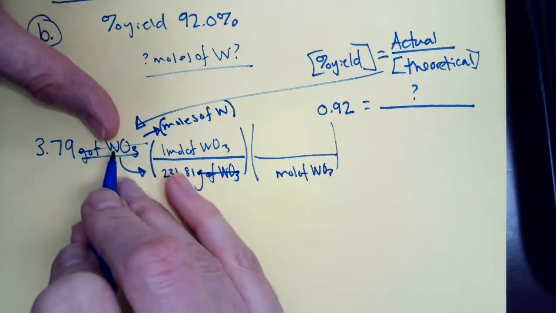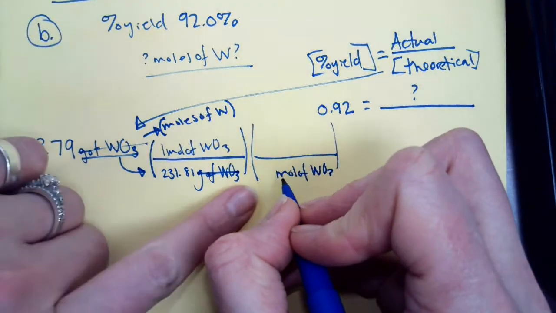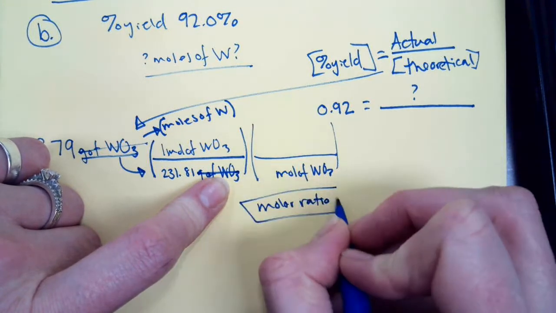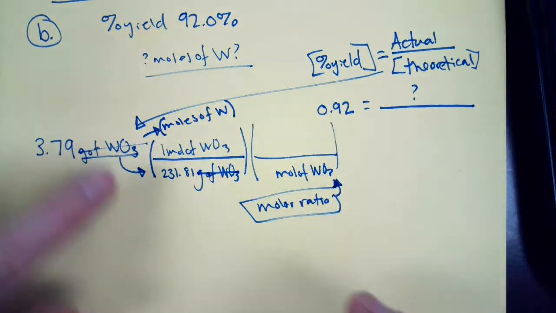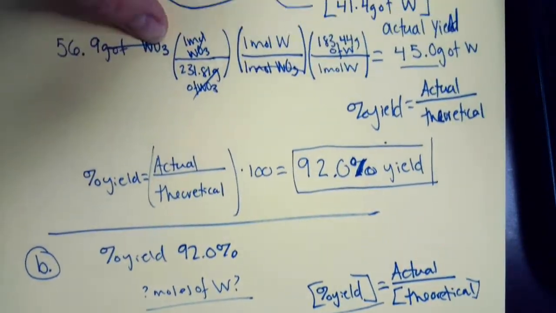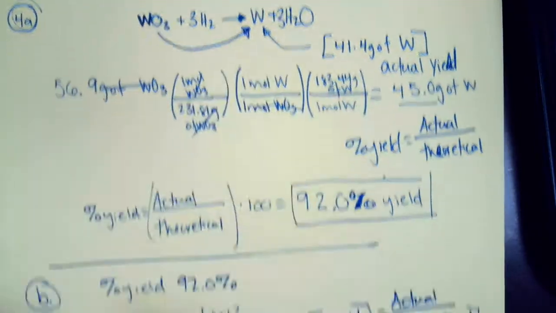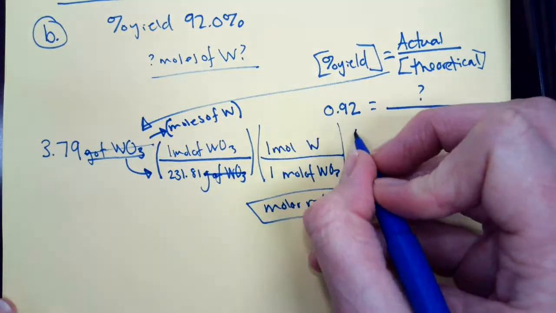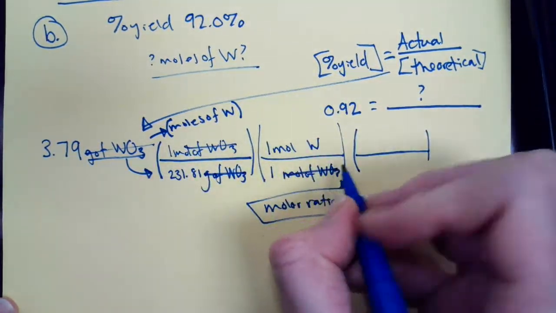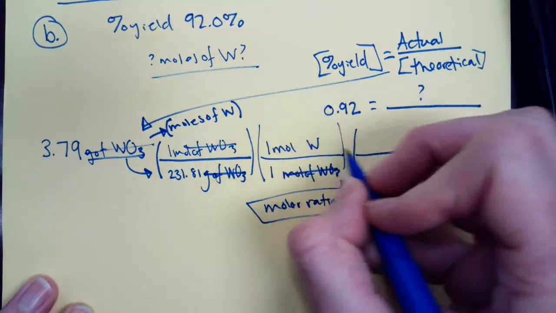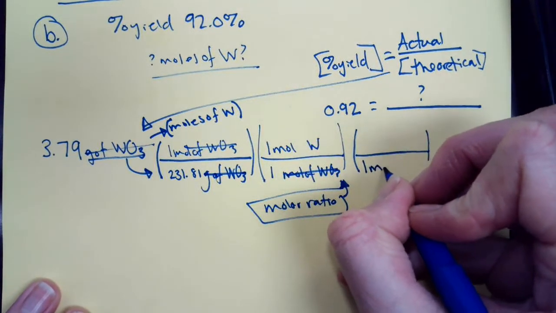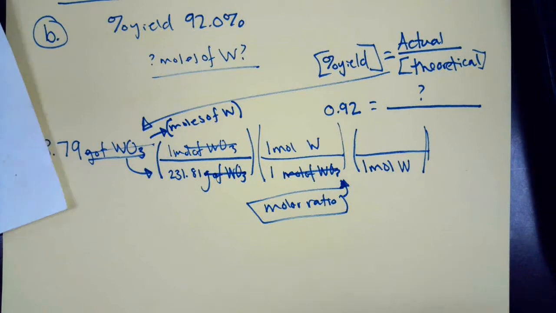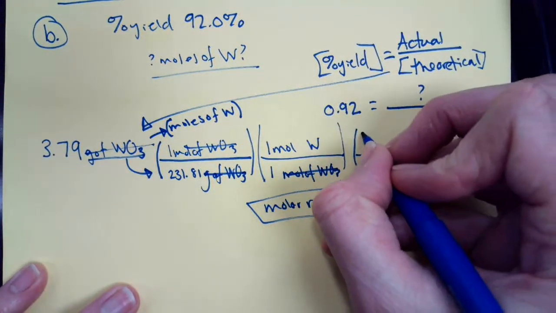Now the whole goal is to get from tungsten oxide to tungsten, so I need to find what is the molar ratio. And again, that is just looking at the coefficients from the given chemical reaction. And they are 1 and 1 still. Now moles of tungsten oxide cross off, and I need to convert this tungsten to mass in grams. The only relationship I know is by looking at the periodic table, and it's also in the previous problem if you want to just look above.